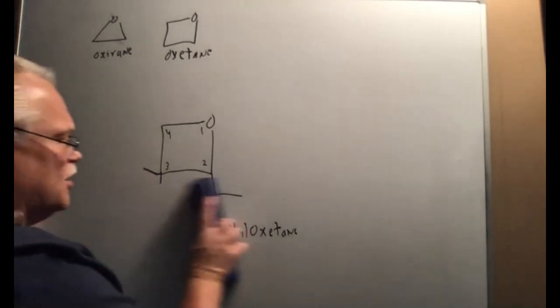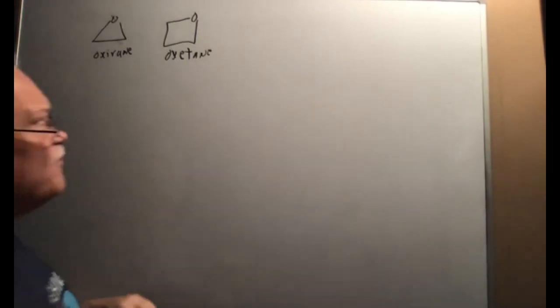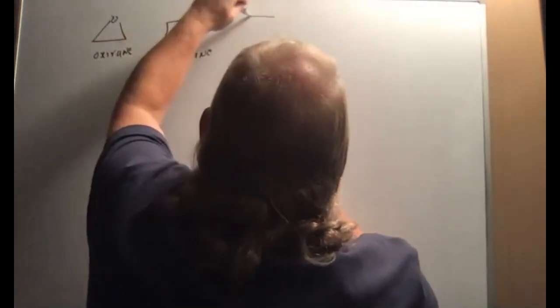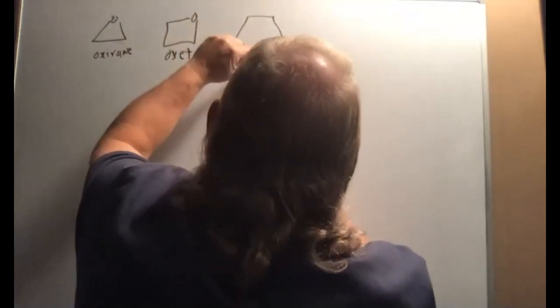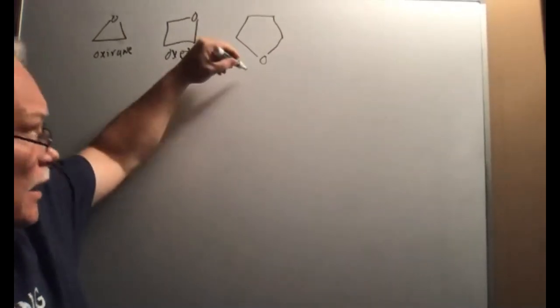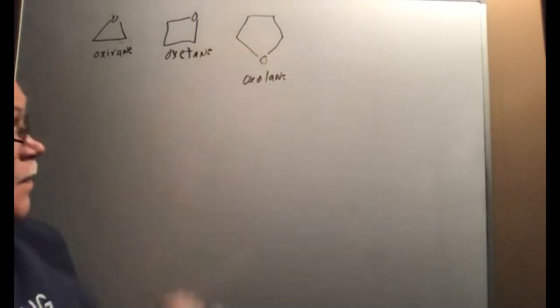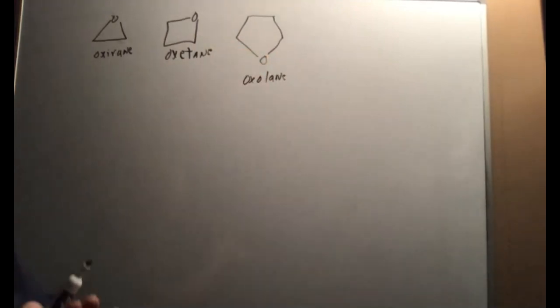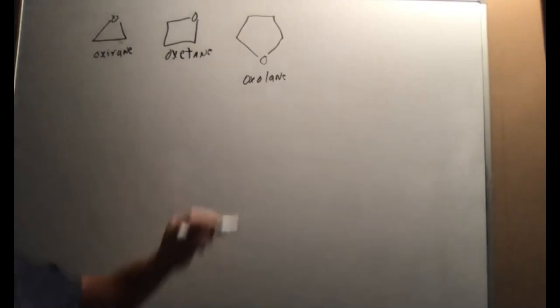Now listen carefully. I want to do this a little bit differently on the board than is in my notes. The five-membered ring with an oxygen in the ring is called oxolane. Now, once you get above the four-membered rings, we can have things in here that have double bonds.